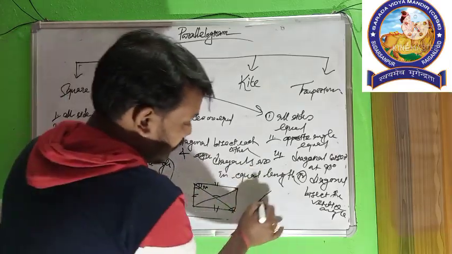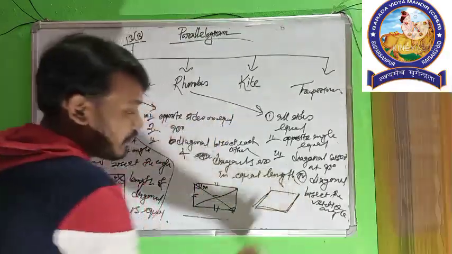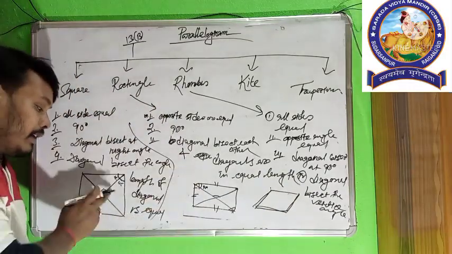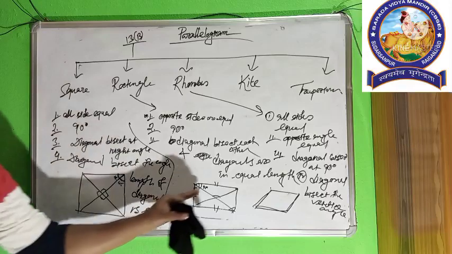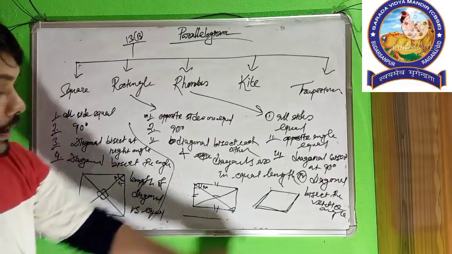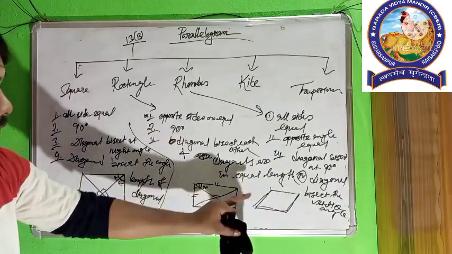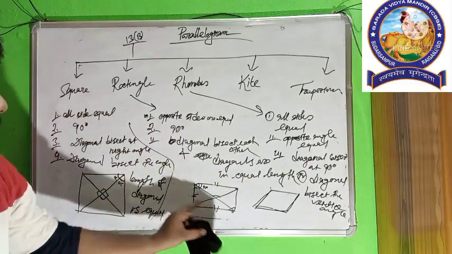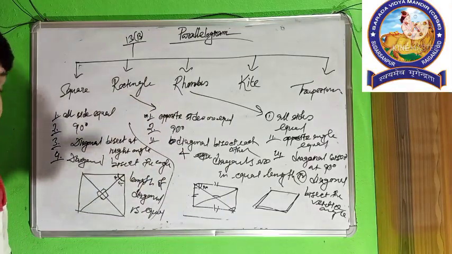In case of a rhombus, all properties of a parallelogram are followed, by the rectangle and square also, because a rectangle is also a parallelogram, since opposite sides are equal and parallel. In a rhombus also opposite sides are parallel and equal. So we can think of square, rectangle and rhombus as parallelograms. Keep in mind.